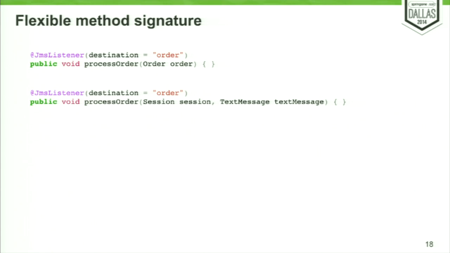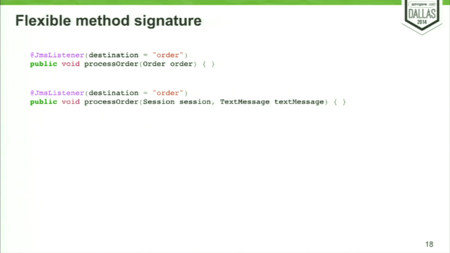We can always fall back to a variant where we don't get any conversion, where you get more like lower-level access to the incoming message. This is equivalent to a SessionAwareMessageListener implementation, that good old interface, but in this case it's expressed in a method signature, and there can be many methods of that style on the same class, instead of providing several classes, each implementing SessionAwareMessageListener.